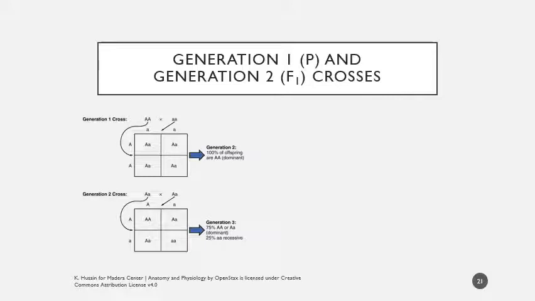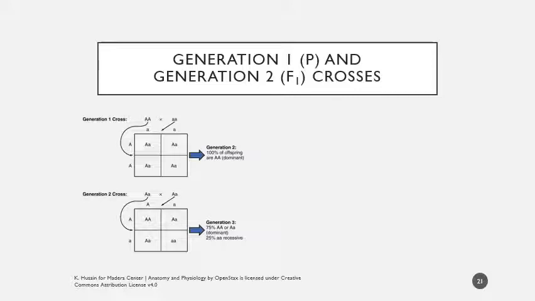So if we apply what we were just talking about in the context of a Punnett square, generating the Punnett square and then solving it without actually drawing in all of those gametes and zygotes, we get what we traditionally think about with a Punnett square. For this first generation, the parent generation, you have an individual who is homozygous dominant being crossed with an individual who is homozygous recessive.